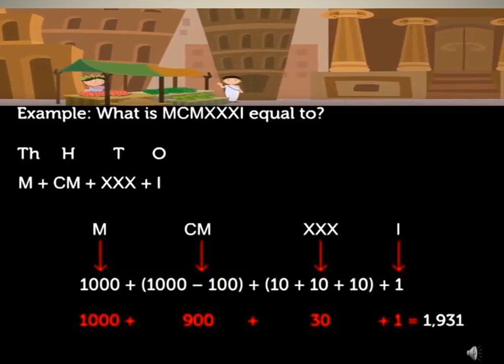The value of M is equal to 1000, CM is equal to 1000 minus 100 is equal to 900, XXX is equal to 10 plus 10 plus 10, which is equal to 30, and lastly the value of I is equal to 1. On adding 1000 plus 900 plus 30 plus 1, we get the answer as 1931.